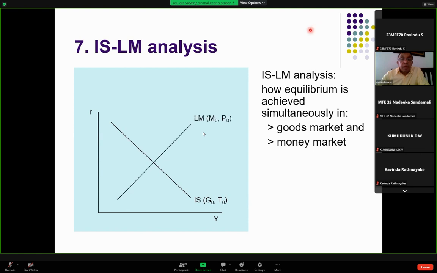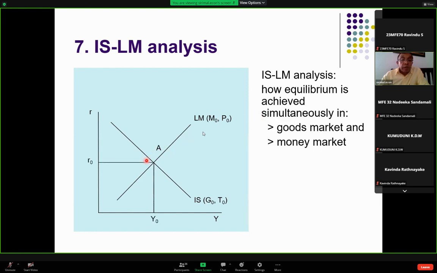In the same way, any point on the LM line again gives us combinations of interest rate and output level which brings the money market into equilibrium.